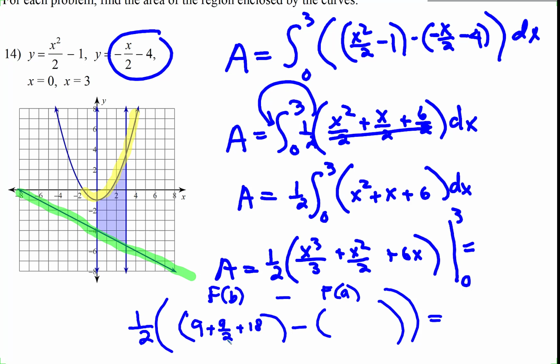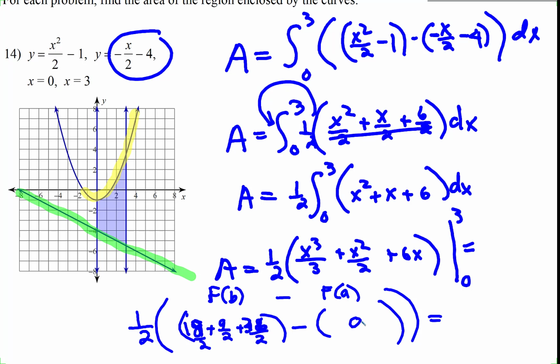But if we want each of these to have that denominator, 9 would be the same as 18/2, and 18 would be the same thing as 36/2. So I'm going to leave it like that, and then we're going to put 0 in. Well, when we put 0 in, they all will just zero out, because 0 cubed, 0 squared, and 6 times 0 are all 0.